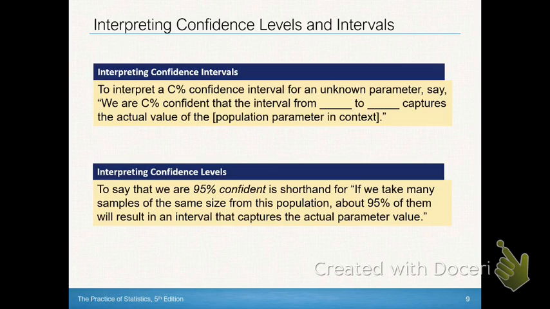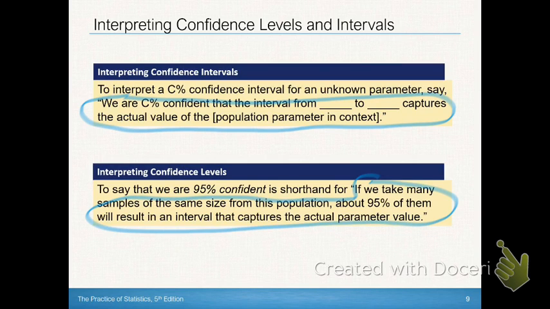You're often going to be asked to interpret either the confidence interval or the confidence level. And they're basically just both fill-in-the-blank sentences that you're going to give me. Sort of like earlier in the year when I asked you to interpret the mean or interpret the standard deviation. There was a certain format that you always gave your answer in.